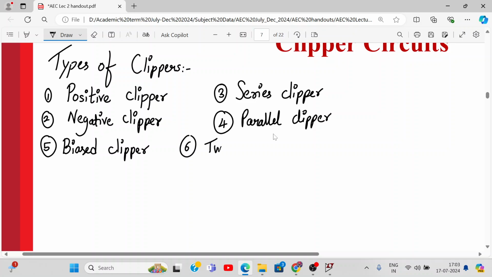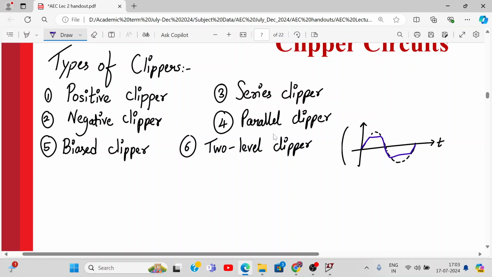Then we have a two level clipper, the last category, or a combinational clipper. Here both the positive and negative portions of the waveform will be clipped. For example, if I have an input waveform versus time, it will clip both the positive and negative portion of the output.